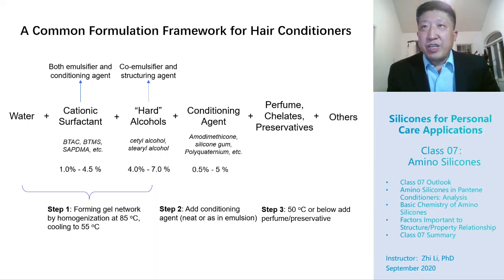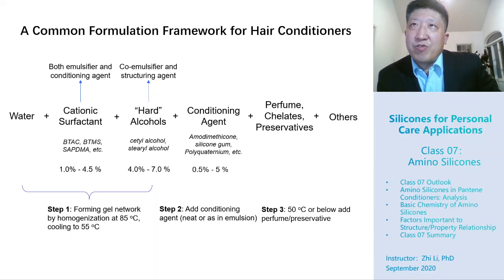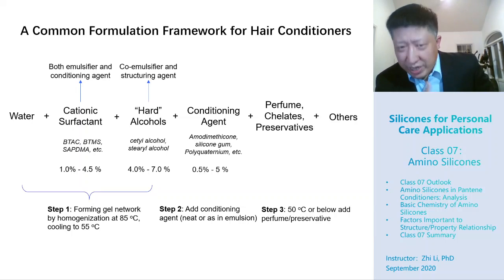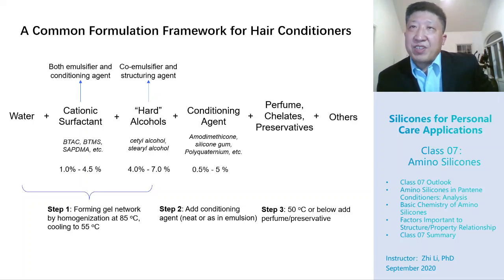What I'm showing here is a very common framework for making hair conditioner. This is a tested framework. Many hair conditioners are for the mass market, which means you have to be able to get the price down while still getting all these benefits. Also, you want a very stable supply chain, so you have to use very common ingredients if possible.